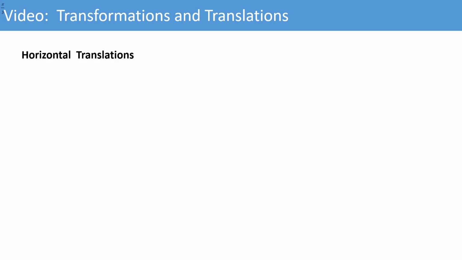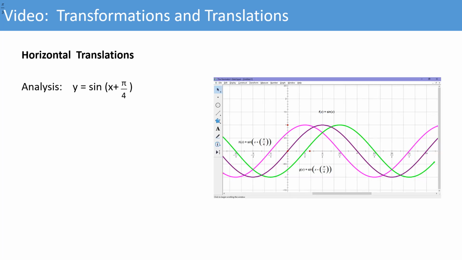Horizontal translations. Y equals sine x plus pi over 4, shown in the graph by the magenta graph. The value of d is negative pi over 4. Remember the rule: x plus pi over 4 becomes, outside the bracket, x equals negative pi over 4.